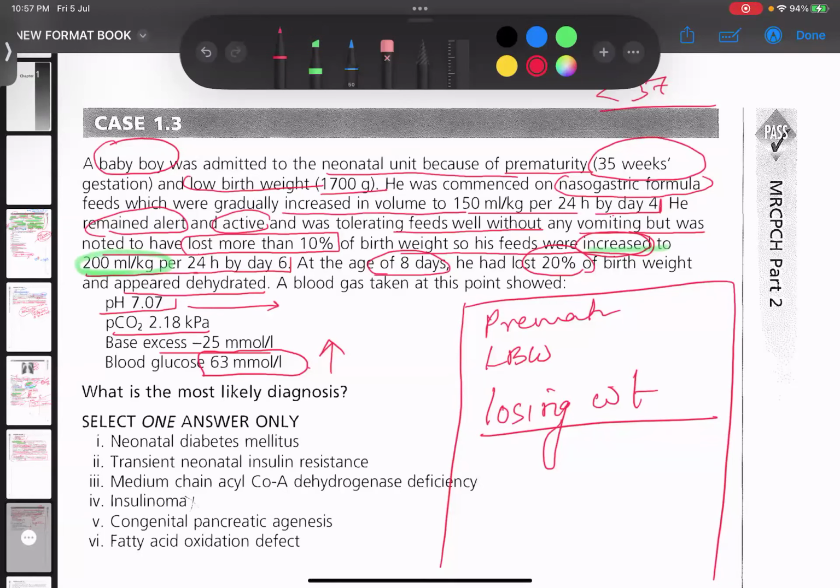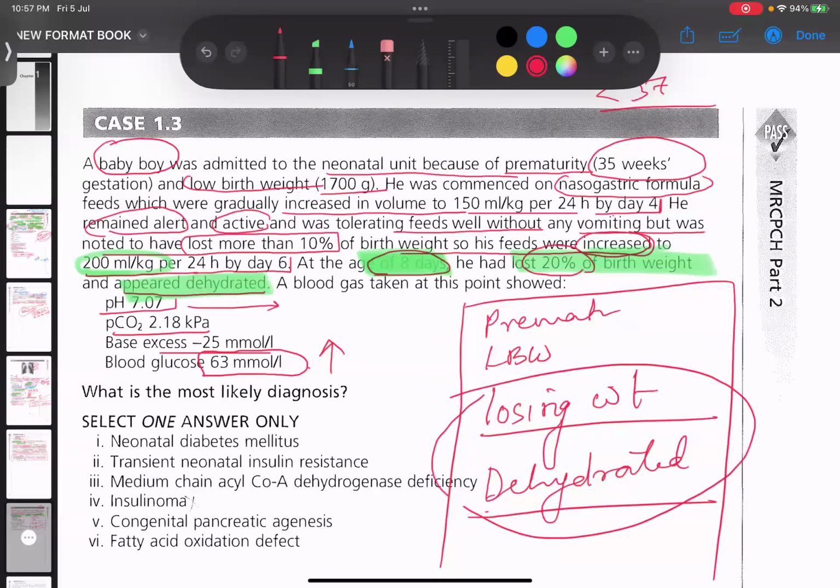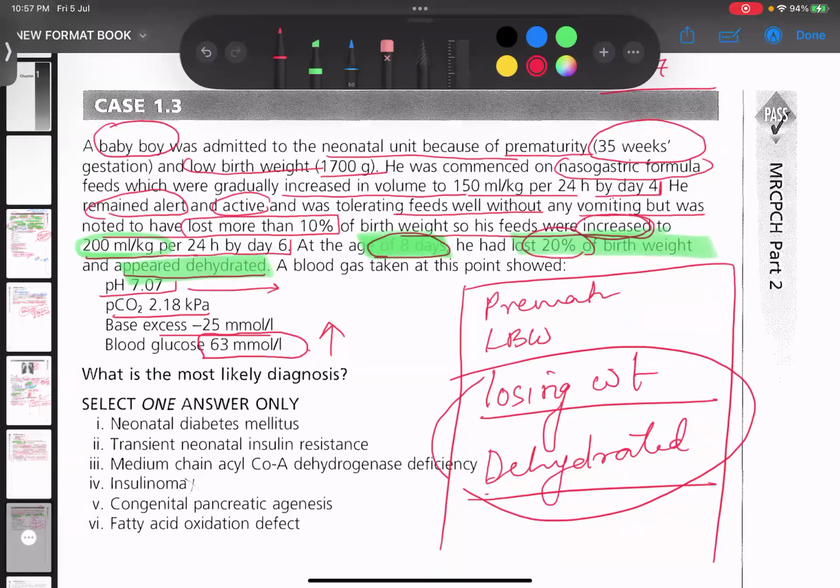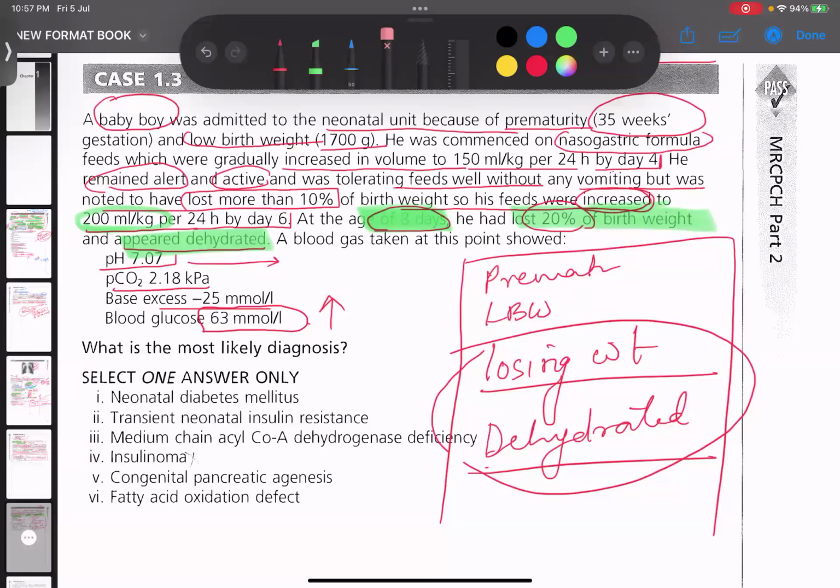See here, on day 8, 20%, and he appeared extremely dehydrated. Dehydrated and losing weight in spite of increasing the feed. Along with that, we saw there is severe acidosis, along with an increase in the blood glucose.